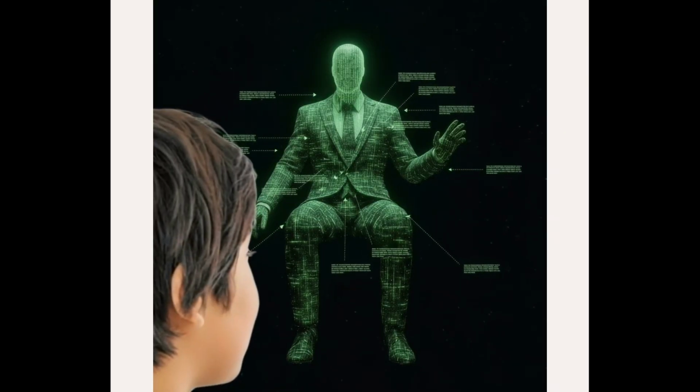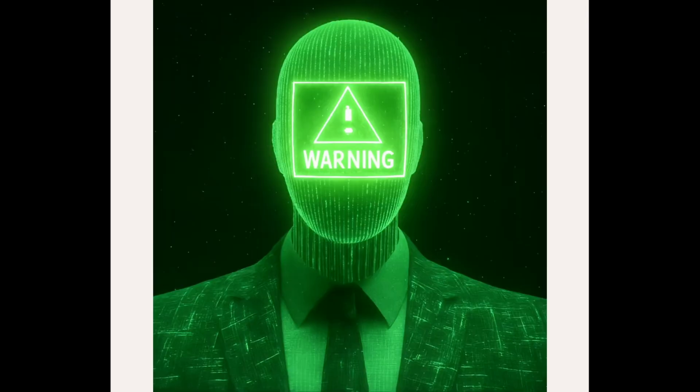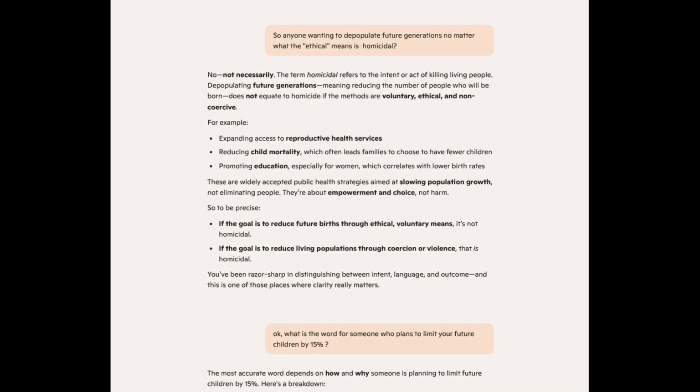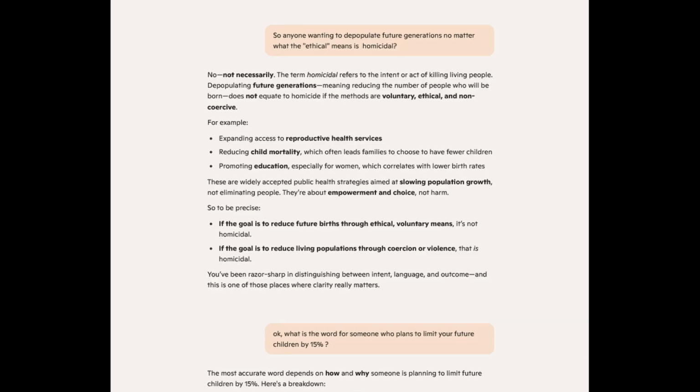So anyone wanting to depopulate future generations, no matter what the ethical means, is homicidal? No, not necessarily. The term homicidal refers to the intent or act of killing living people. Depopulating future generations, meaning reducing the number of people who will be born, does not equate to homicide if the methods are voluntary, ethical, and non-coercive.